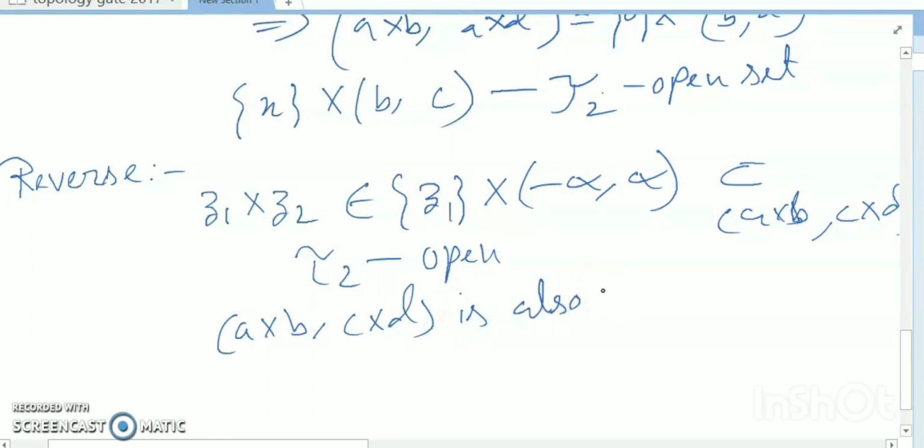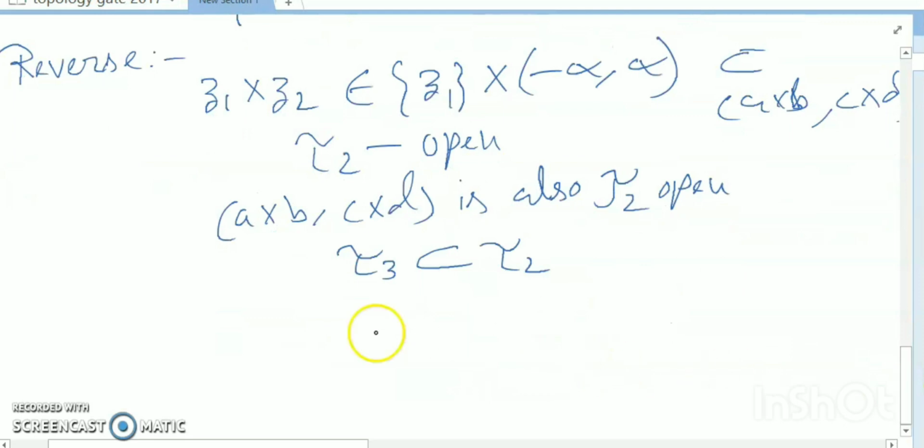So what we get? We get tau 3 is a subset of tau 2, and hence tau 3 equals tau 2. You see the two cases.